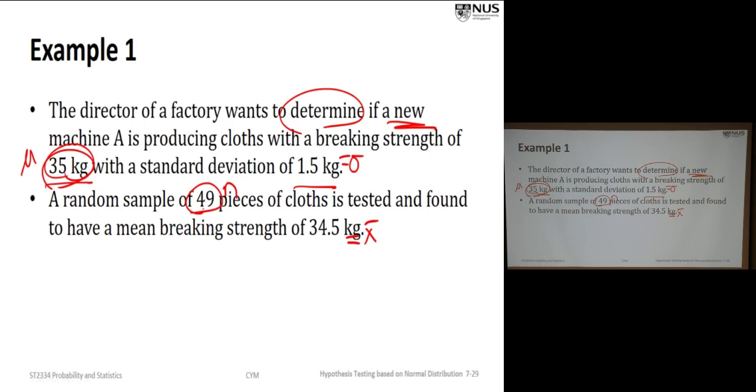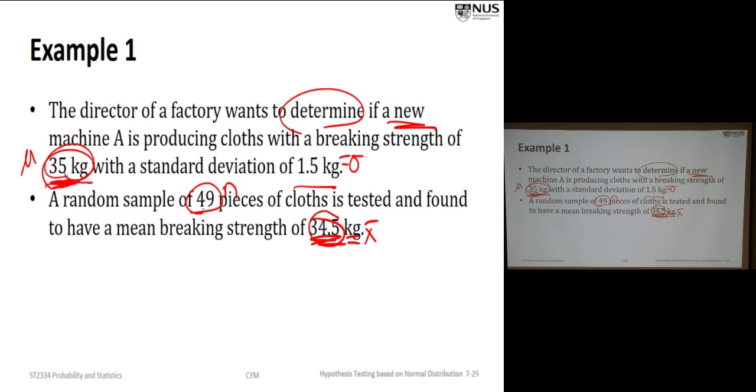Can I just say that mu cannot be 35 because I got 34.5? Can I do that? This number is different from 35, so mu is not 35? Why not? Mu equal to 35 is fixed.